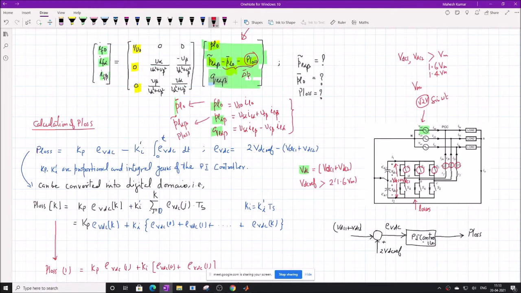You can take 1.8 also, because the total DC link voltage is VDC1 plus VDC2, and VDC1 and VDC2 are maintained nearly close to some reference value. So VDC1 and VDC2 close to, let us say, they maintain 600 volt, in case Vm is equal to root 2 times 230 volt, let us say. How much is this? Root 2 into 230 is 326.